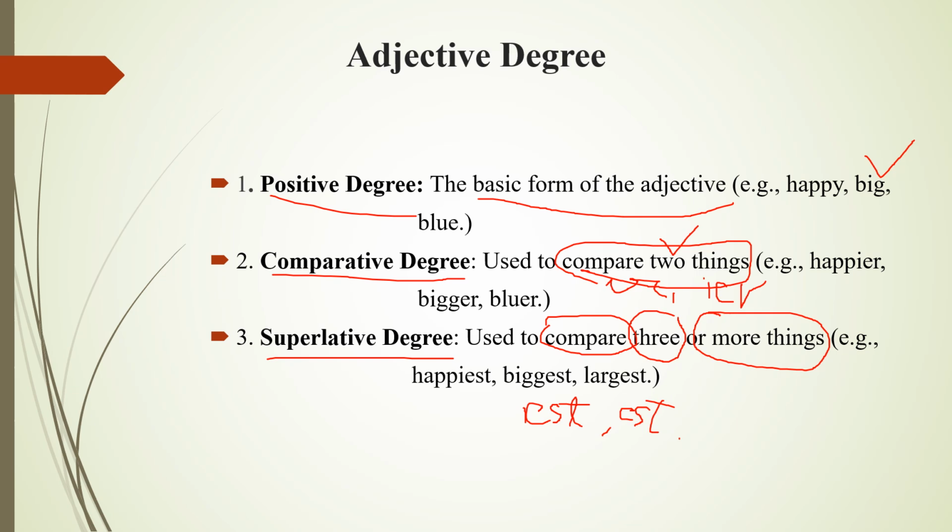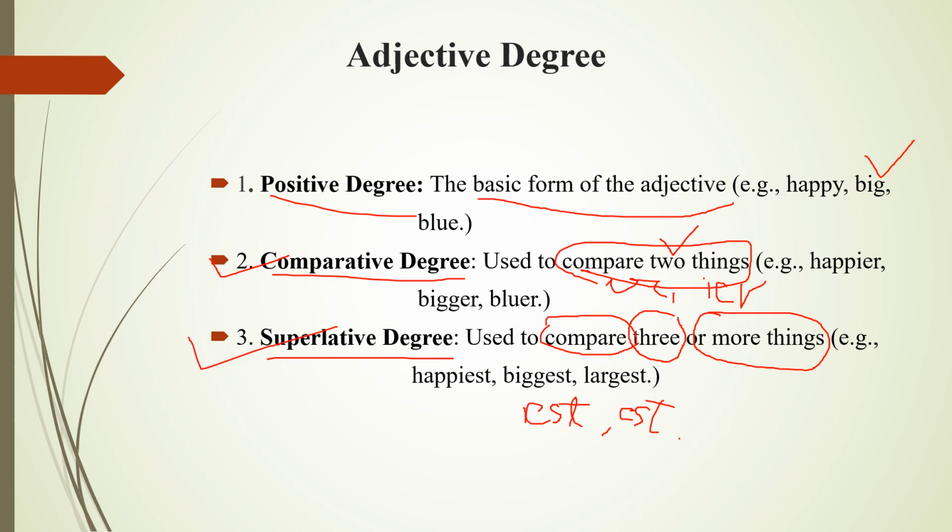Comparative degree, where a comparison is being made between two persons or things. If I have to make a sentence, what will I say? I will say that I am happier than my sister. I have a bigger house than yours. The color of my frock is bluer than yours. Then we have the superlative degree.